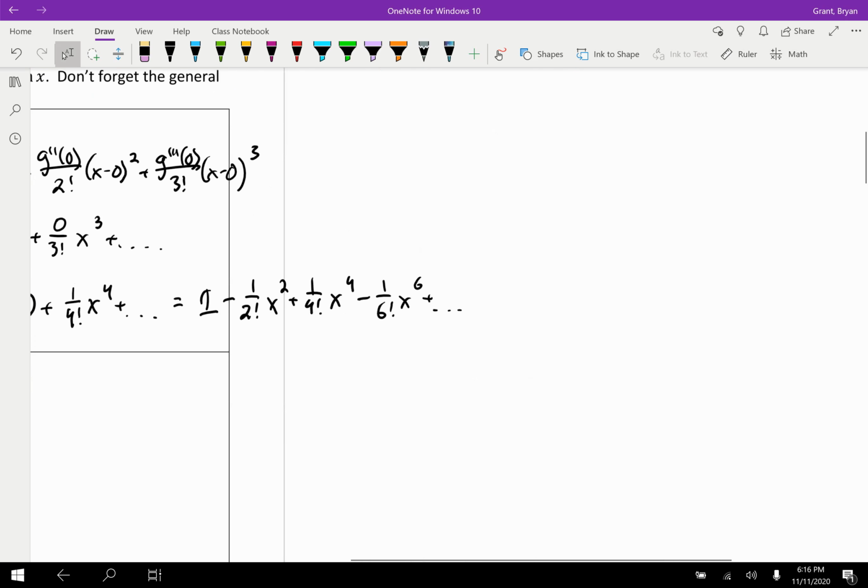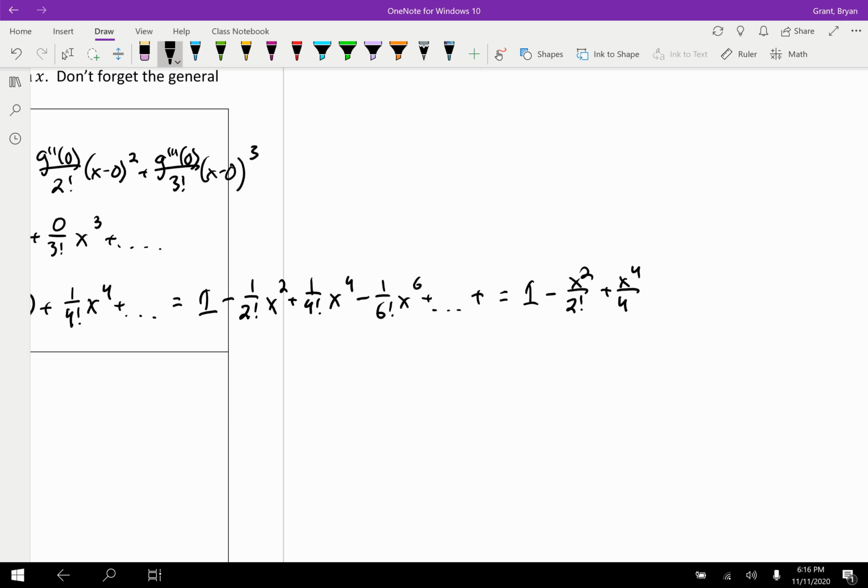But I'm not quite done yet, because we do need that general term, and the general term here is a little bit tricky. We need to be good at writing patterns, but oh my gosh, we are good at writing patterns. We just spent a lot of time doing that. And actually, I'm going to do this one more time, sorry. I'm going to write this as x squared over 2 factorial just a little bit more succinctly, just so I can see everything together.